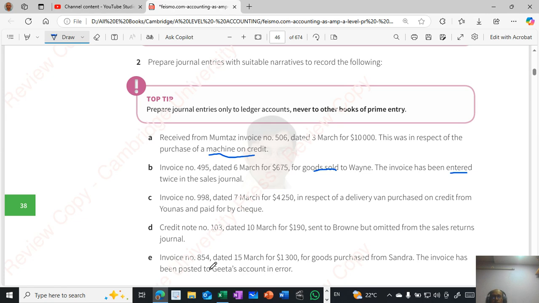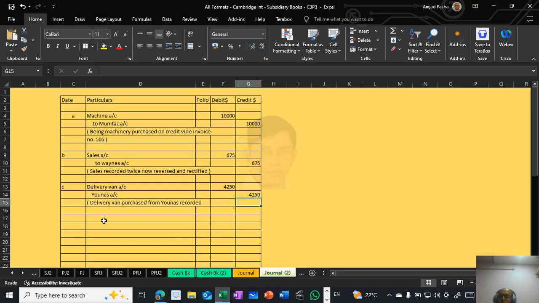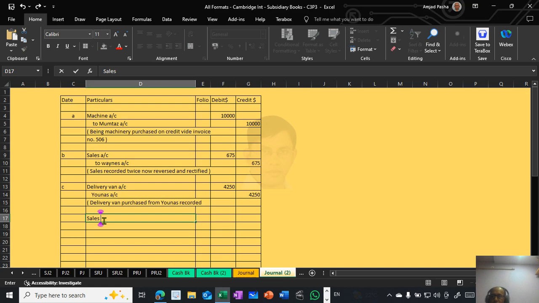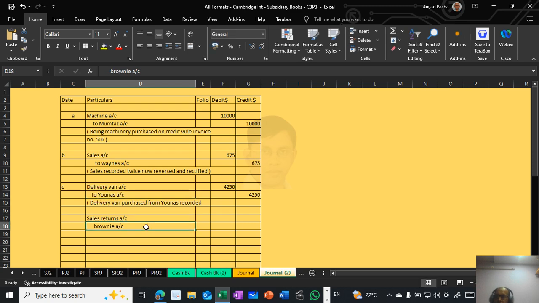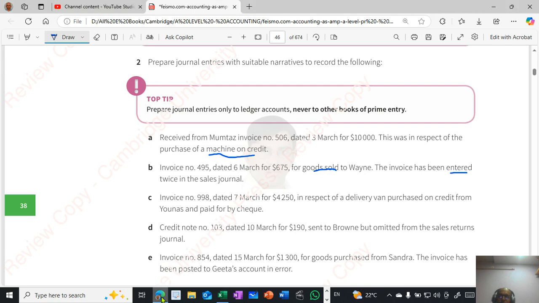Sales returns account debit to Brownie account credit. So you have to credit Brownie. The amount is 190.